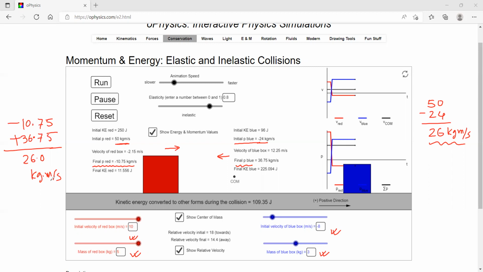So in any collision, if there is no net force applied from the outside, or in other words for an isolated system, if we think of these two as isolated from others, then the momentum is conserved. We'll be doing many problems using this law, the law of conservation of momentum. All right, now let's go back to the slide.